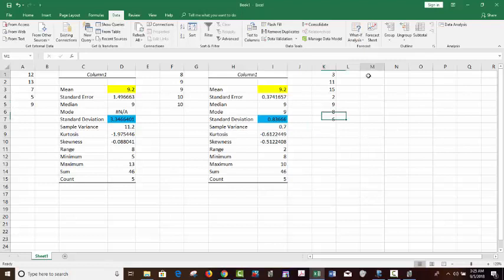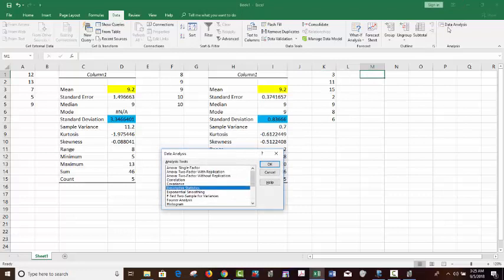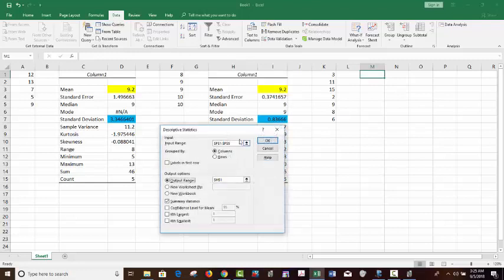All right, so once we have that, I go to data analysis. I choose descriptive statistics, which is still there probably because I just used it. I need to indicate what values they are. Yeah, it gave me trouble with this earlier. Oh, okay, there we go. Now I can select them.